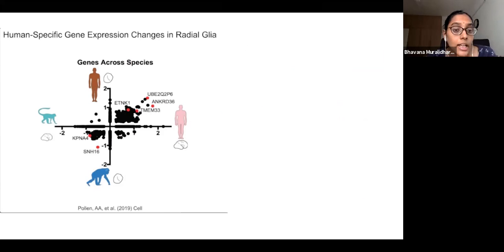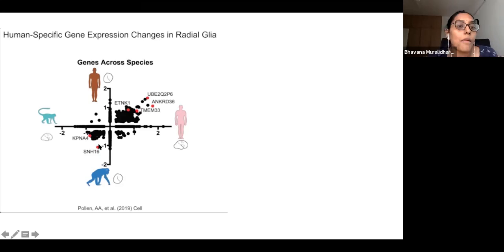And they found some very important key differences, particularly gene expression that was very unique to the radial glia in humans and perhaps not present in closely related primate species. And they also found a few gene expressions which were found only in the primates, but not in humans.